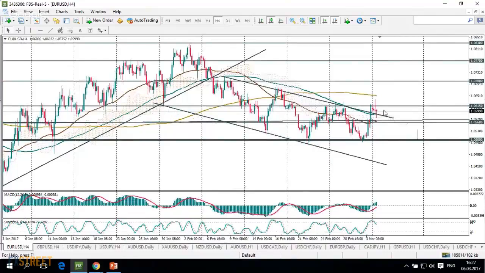On the 4-hour chart, we can see that there is significant volatility. There are spikes to the upside and to the downside. For now, the euro managed to hold above the 100 period moving average on the 4-hour chart, but trading will be very volatile between 106.50 and 105.60.